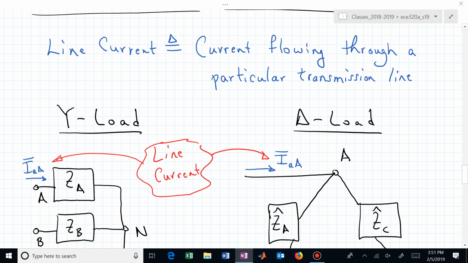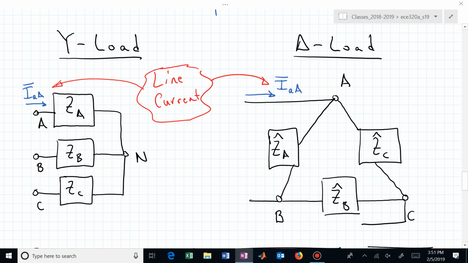Meaning, if we look at the Y load interconnection or the delta load interconnection, if I'm talking about the line current, that's always I sub little a capital A. What's not shown here is the phase current in the delta connected load.